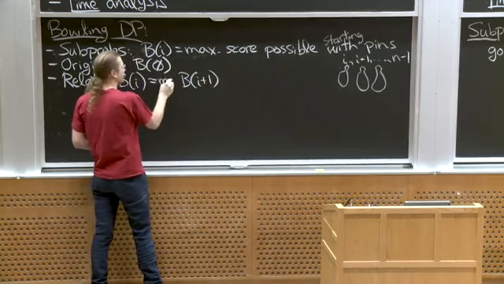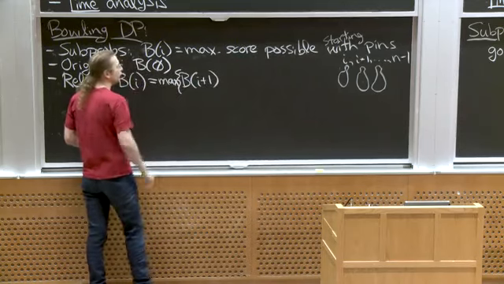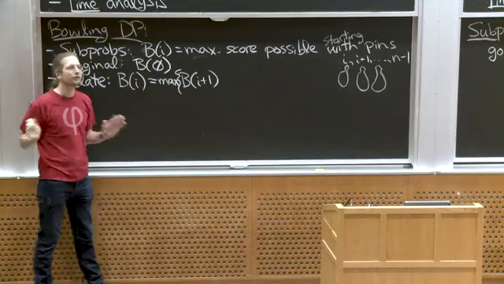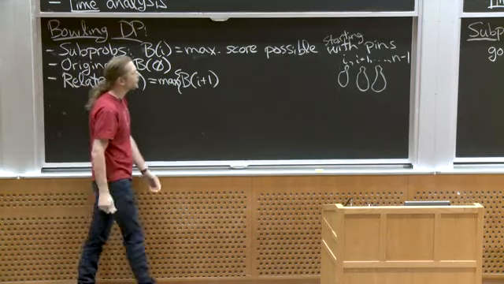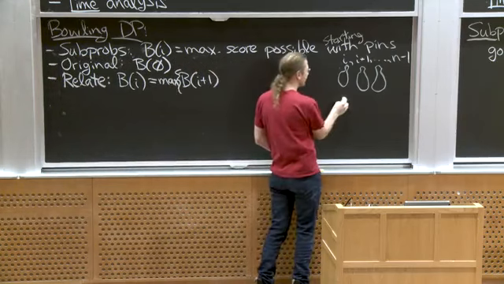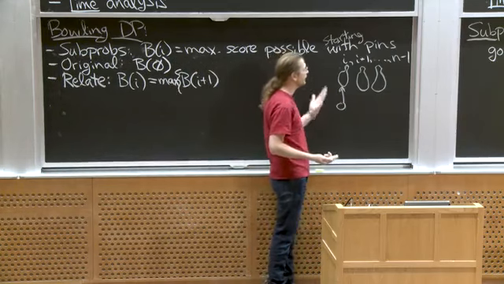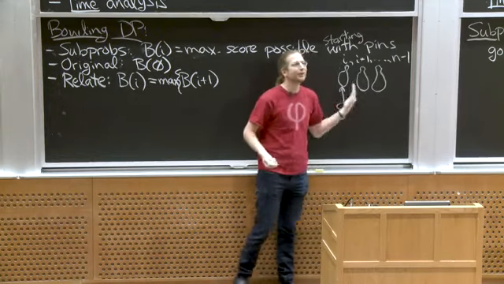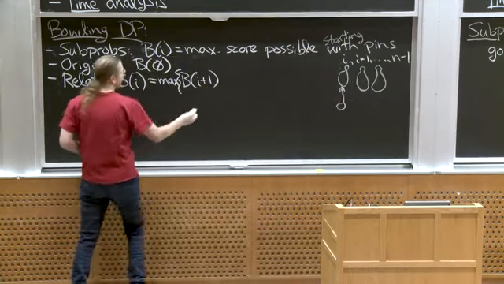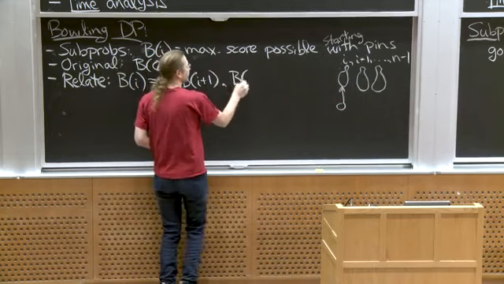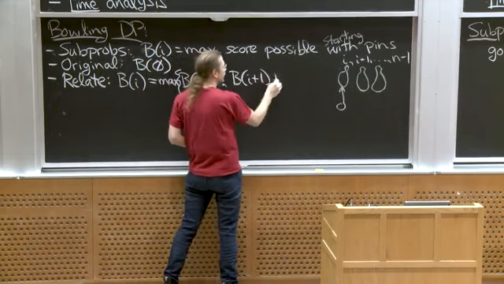I'm going to write a max out here because I'd like to maximize my score. And one of the options is forget about pin I, just solve the rest. Another option is I throw a ball and I exactly hit pin I. That's a thing I could do, and it would leave exactly the same remainder. So another option is B of I plus 1 plus VI.